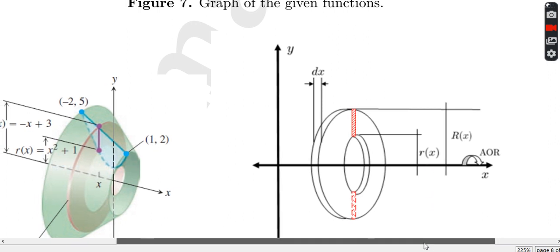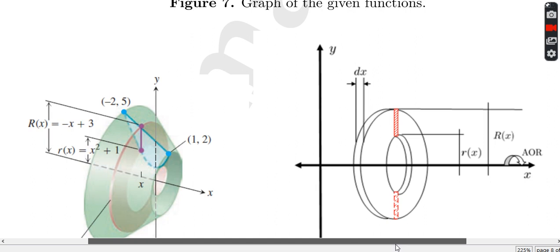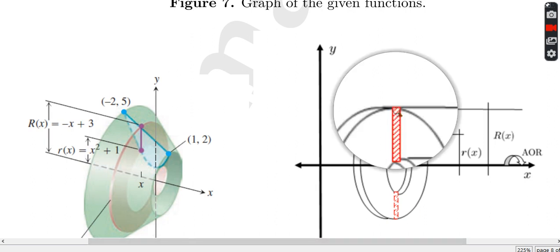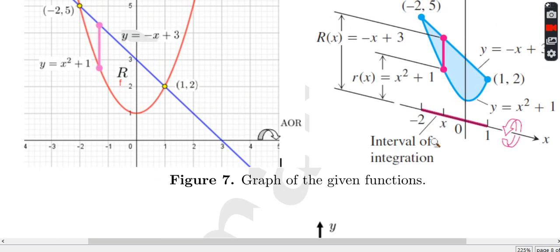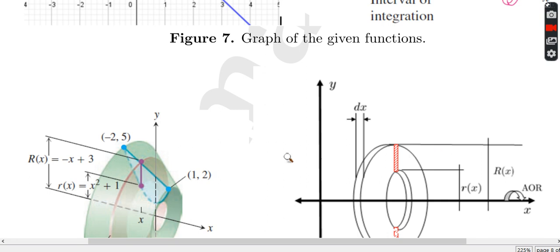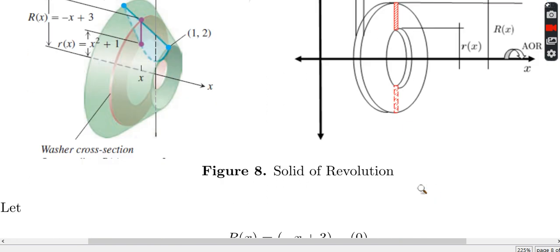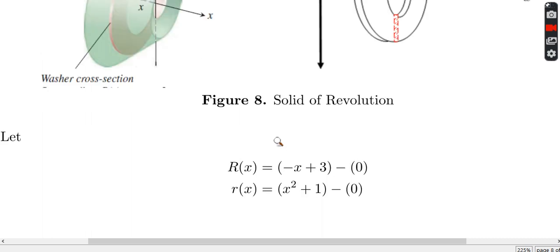Our outer radius, R of x, will be from the upper function. The upper function is the line, y equals negative x plus 3, up to y equals 0. So R of x is equal to negative x plus 3 minus 0, where the 0 is the x-axis, y equals 0.